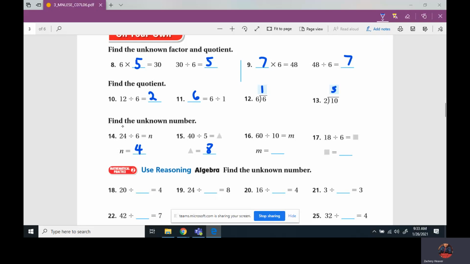Troy, 60 divided by 10 equals M. What is your M going to equal? Good. Jack, 18 divided by 6 equals blank square. What's your blank square going to equal? 3. Good deal.